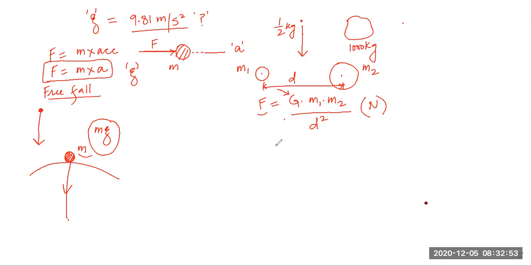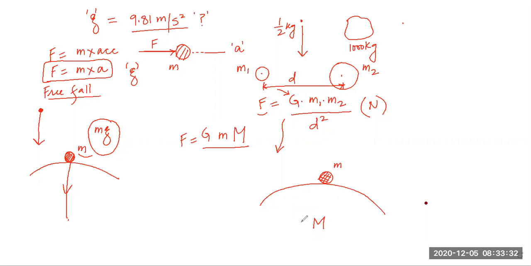Now let us consider this same situation again. This is the earth, big earth having mass M, and a small body placed on it having small mass m. Now according to the universal law of gravitation, the force between these two objects will be equal to the product of their masses, the mass of the first object m and the mass of the second object, the earth, capital M, into G divided by the distance between them.